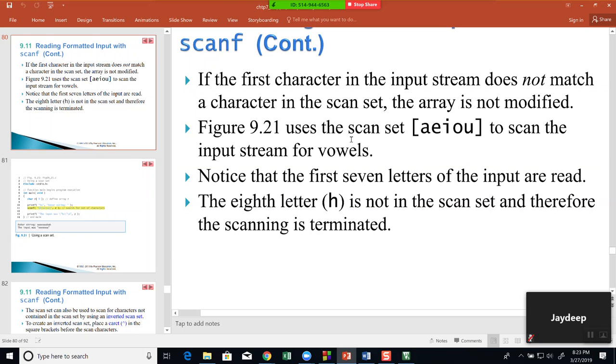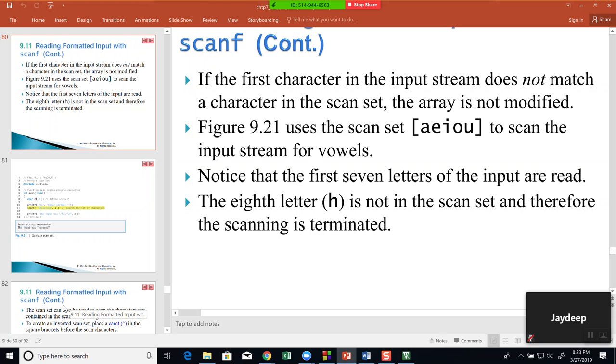Okay. This figure uses that scan input stream for vowels. Note that the first 7 letters of the input are, because the last one is a /0, isn't it? Because I'm sitting there, why isn't there 8 there? And okay, that makes sense. Note the first 7 letters input are read. The 8th letter, H, is not in the scan set, and therefore the scanning is terminated.